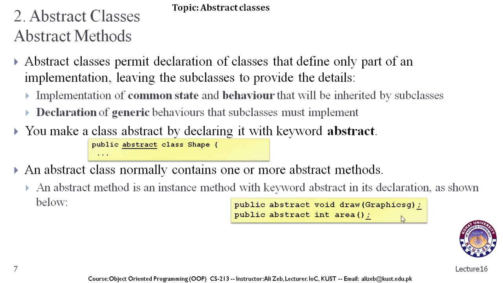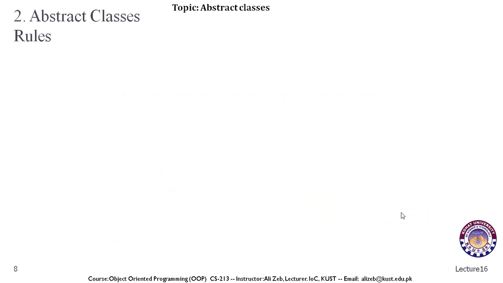So we simply need to add the abstract word in the declaration of the method to turn that method into an abstract method, and we do not need to implement this method. So this line completes the declaration of the abstract method. There is no body of this method in this class. Abstract methods do not provide implementations.